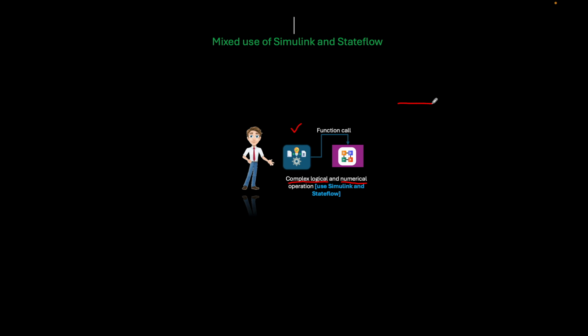Suppose you have a state in the Stateflow, and there you need to perform a continuous calculation, suppose at this line in the state. Then you can do a function call. The function call will go from the Stateflow into the Simulink environment, and it will activate the Simulink model or the subsystem.